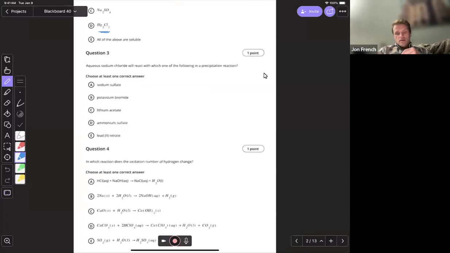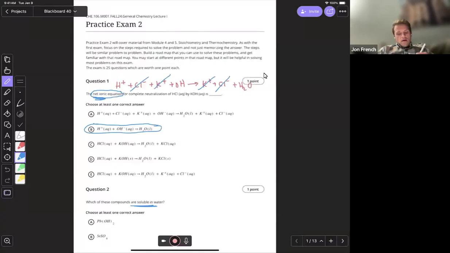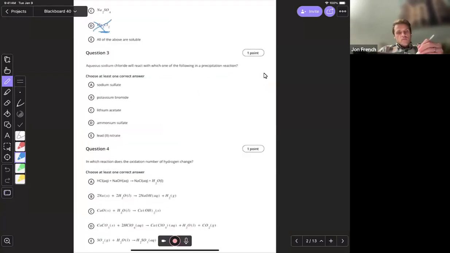Glad I recorded that. All right, if we go to the solubility table, mercury chloride is insoluble. All metal hydroxides, except for group 1 metal hydroxides, are insoluble. Strontium sulfate is insoluble. The only thing that would be soluble would be sodium sulfate. Sodium sulfate would be soluble in solution.